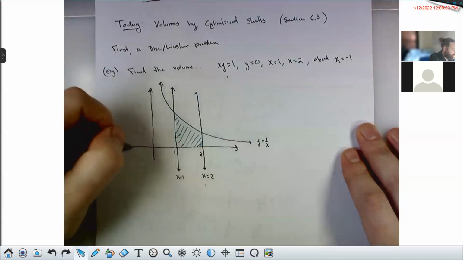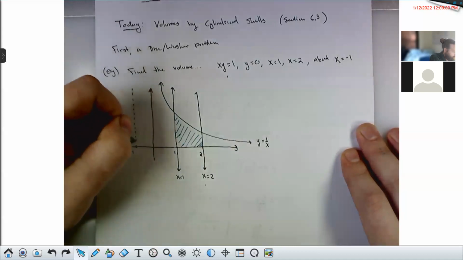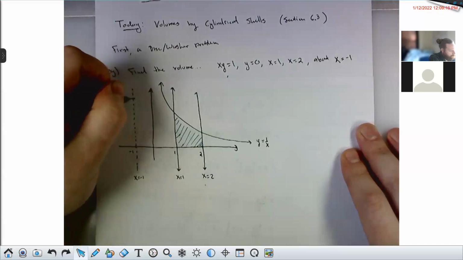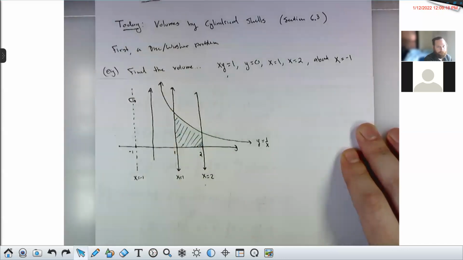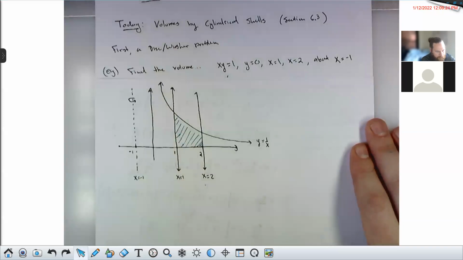And then my axis of rotation is the line x = -1. I'll draw it dotted. This is what we're revolving around. The big difference is that now I draw my strip parallel to the axis of rotation.